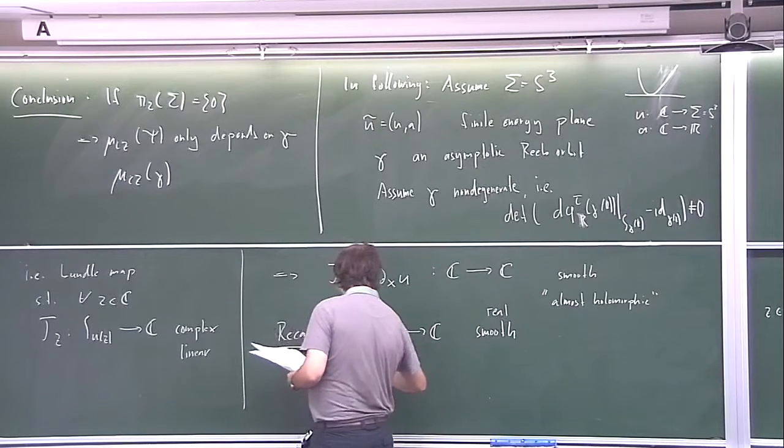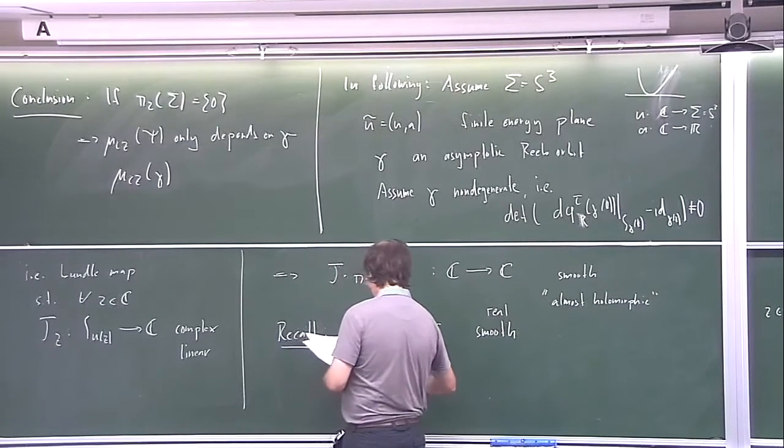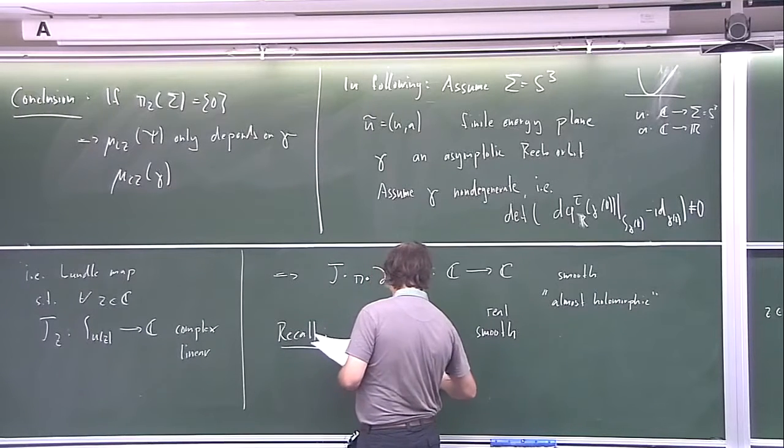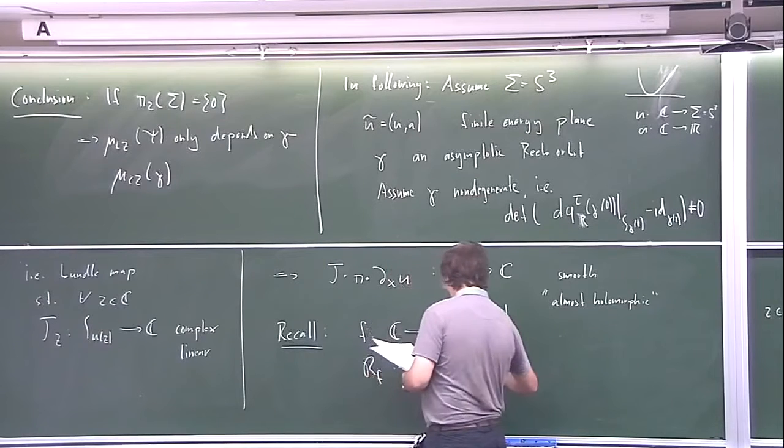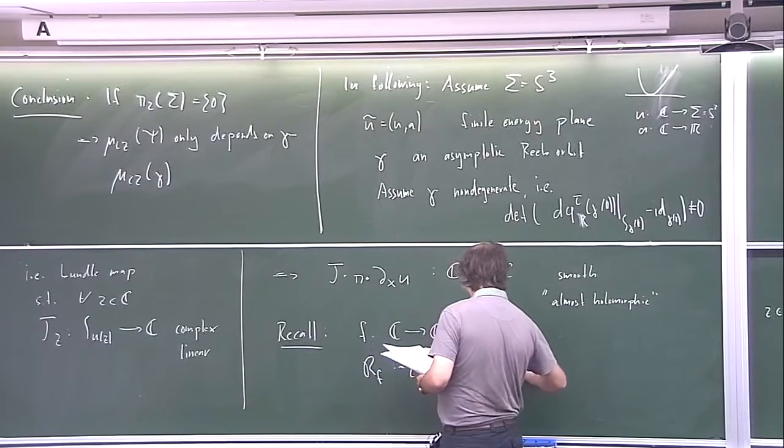Let me abbreviate R_f, the regular set: the set of z in C such that f of z is different from 0.